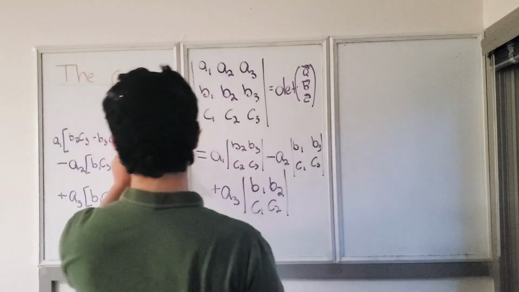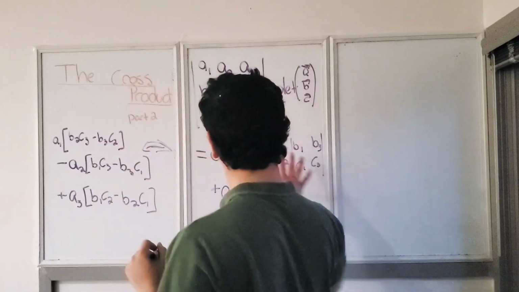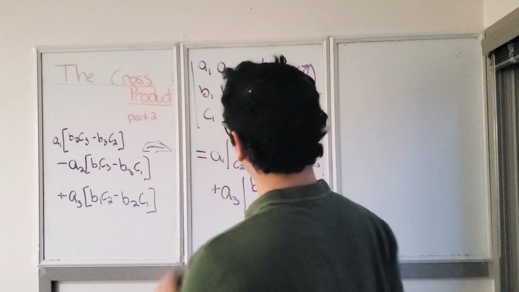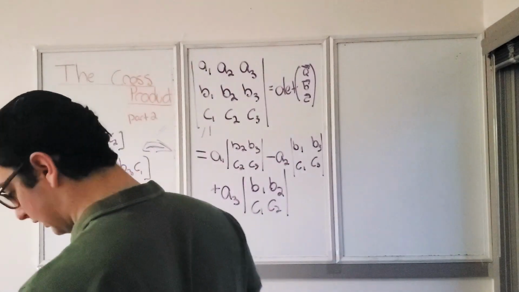And so those over there are equal. That and that, which is also equal to that. We can do a bunch of equal signs if we want.